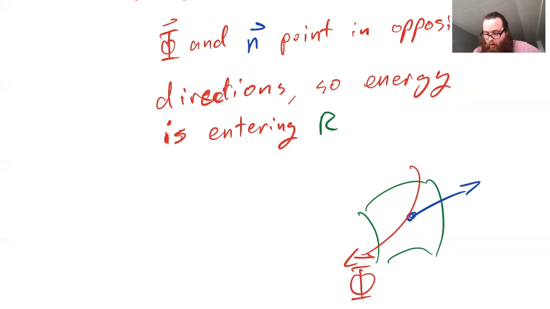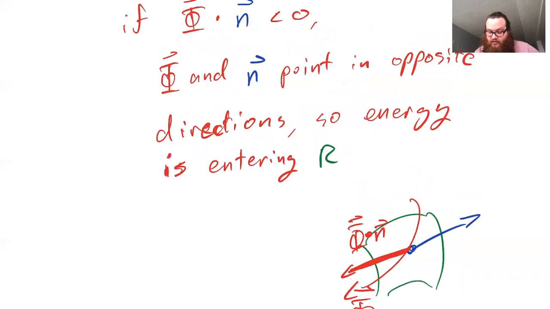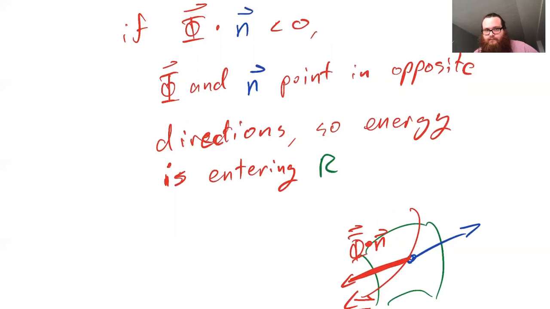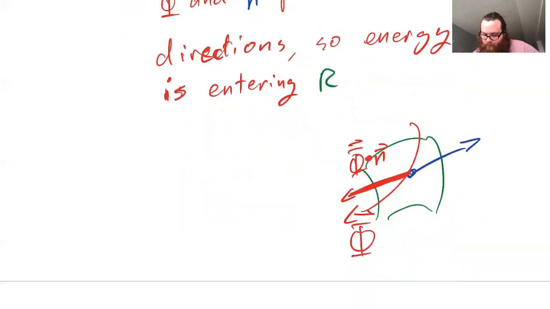So the normal component of phi is this, with magnitude phi dotted with n. In this way, we interpret this as there's flow into the surface, because the vector associated with our flux phi and the normal vector are pointing in opposite directions. And that's picked up because of this negative sign.